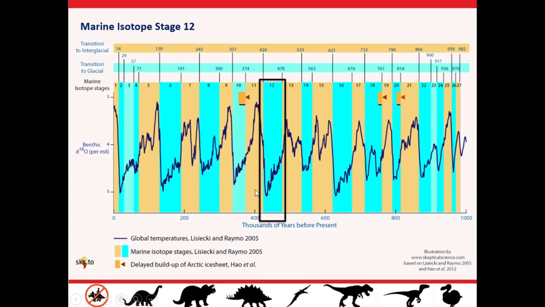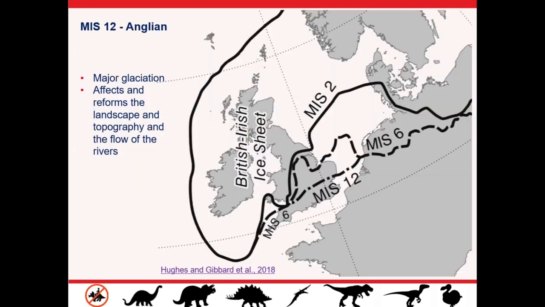When we have very low temperatures, we are in our glaciations, and they tend to be on the marine isotope stages that are even numbers. So if you look at the extent of marine isotope stage 12, it's this line down here with marine isotope stage 12 written on it.